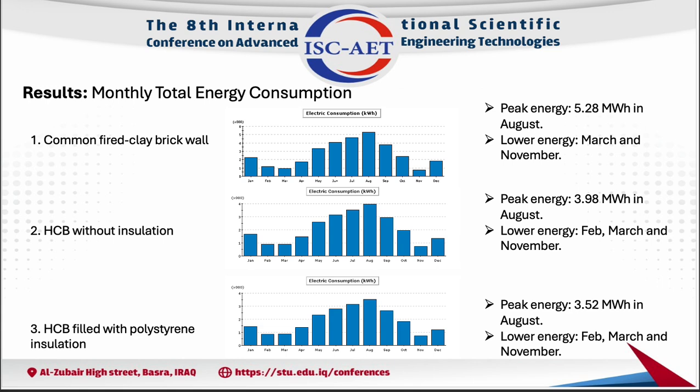Here we see the monthly total energy consumption for the three systems. For the traditional brick wall, the peak value was in August with 5.28 megawatt hour, as expected due to the extreme summer temperature, and the lowest energy usage was from March to December.